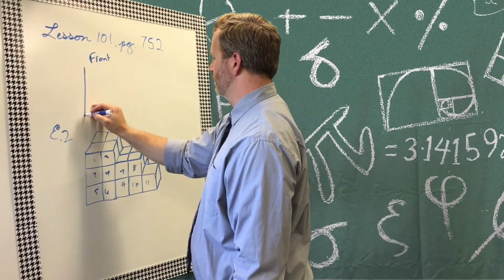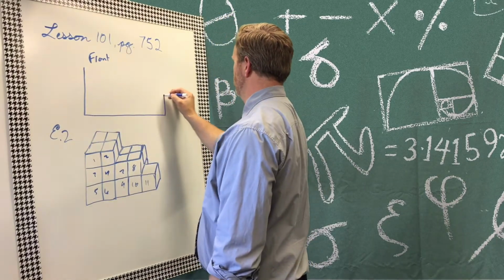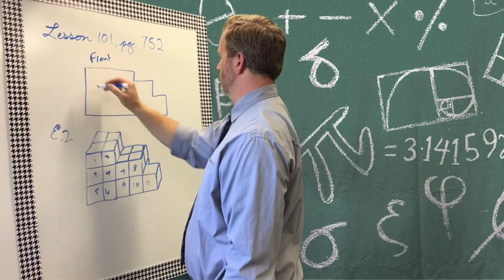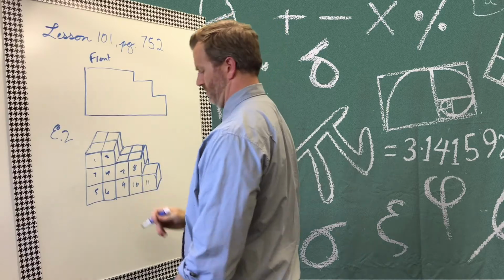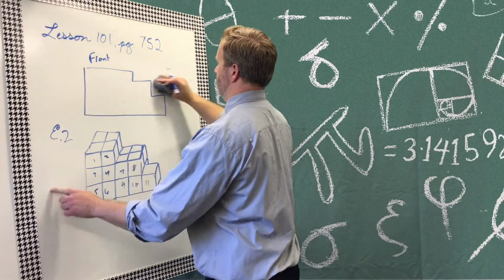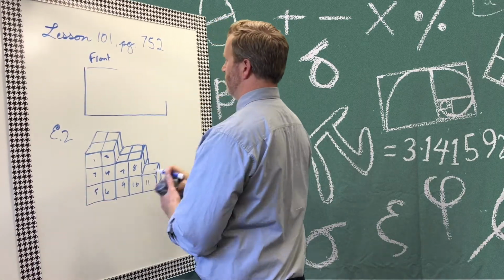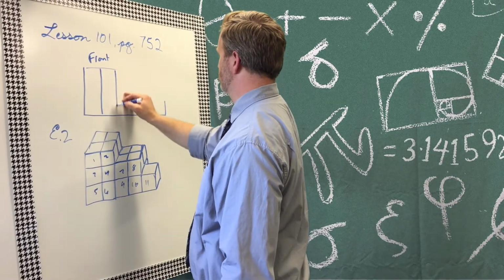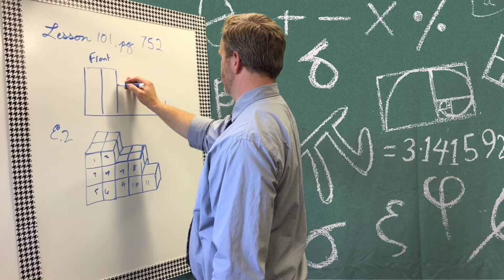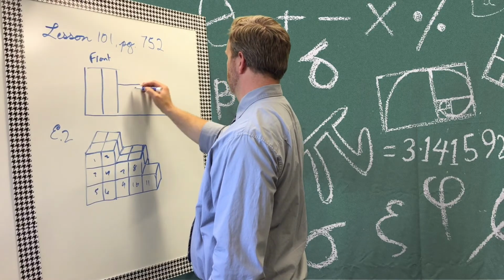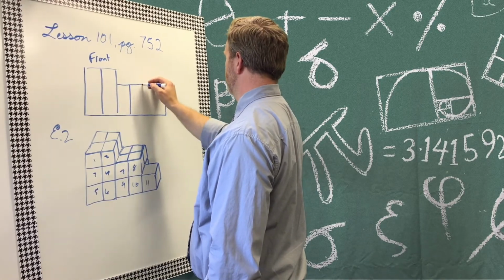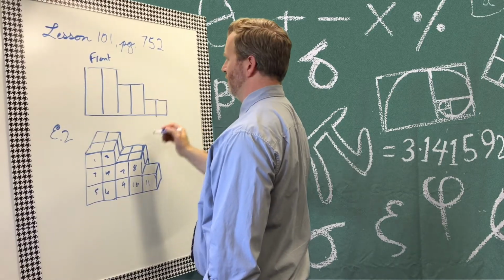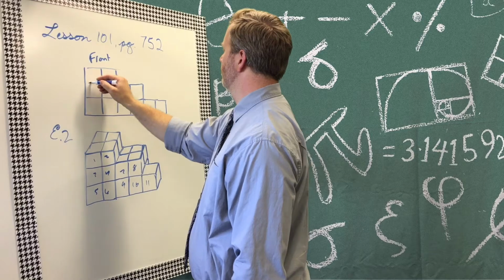So we gotta go, ooh, it's a long one. Oh yeah, I drew that terribly. Let's go ahead and fix that a little bit. Okay. All right, so let's go 1, there's 2 lines, and then we're gonna drop down a box, and we're gonna go this way, and keep going.